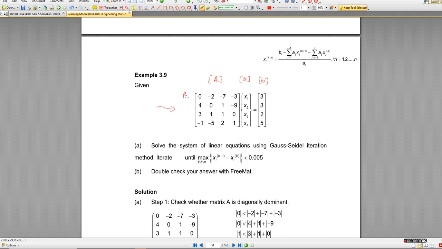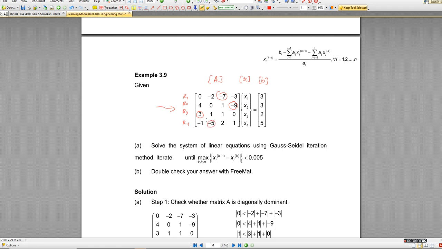Row 1, row 2, row 3, row 4. In row 1, what is the highest value? Please neglect the plus or minus symbol, just take the modulus of the value. 7, right? And then the second one, what is the highest one? It is minus 9. The third one, the highest value is 3, and then the last row, the highest value is 5.